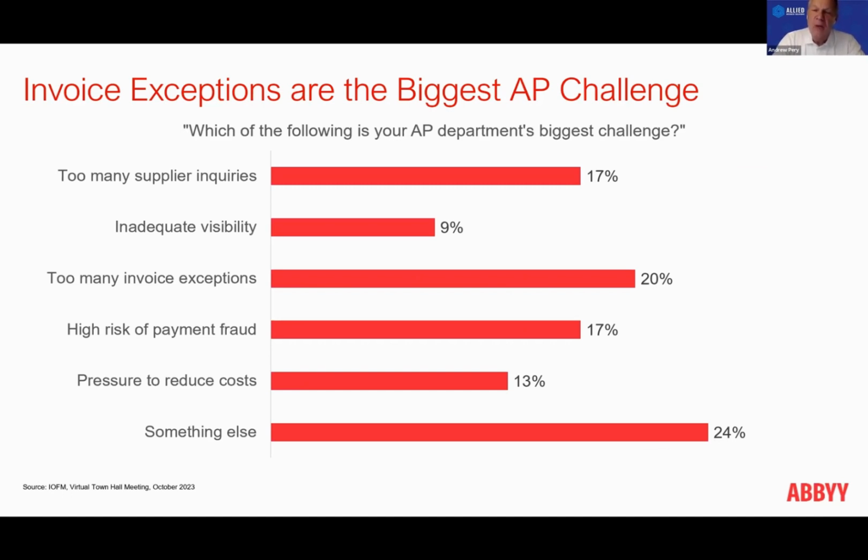That's basically slowing down the process. The first step of the process is really capturing, extracting meaningful information from invoices. And in fact, I think this particular slide reinforces that perspective that you also see from the surveys that IOFM is conducting. 20% of AP leaders believe that too many invoice exceptions is their AP department's biggest challenge.